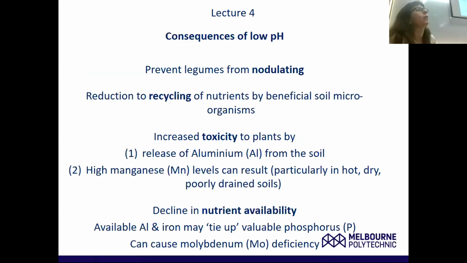So the consequences of low pH, meaning acidity, is that it prevents legumes forming nodulations, which impacts the nitrogen cycling. The recycling of nutrients is another component, and pH in itself can cause toxicity to plants. So all of that's pretty important.